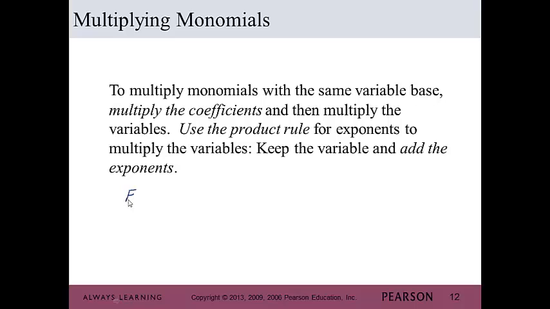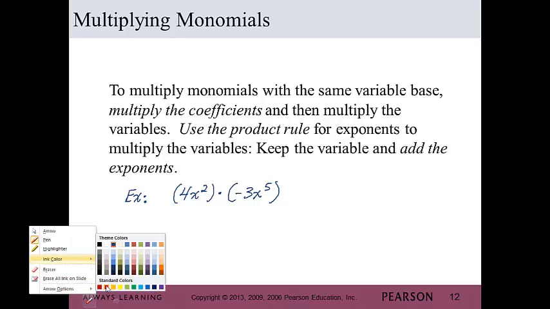Let's do an example. So remember, a monomial is a polynomial with one term. So let's say I had 4x squared. And I'm going to multiply it by another monomial, and that could be negative 3x to the 5th power. So the rule is to multiply the coefficients together. The coefficients are the numbers that are in front of your variable. So I have 4 and negative 3.